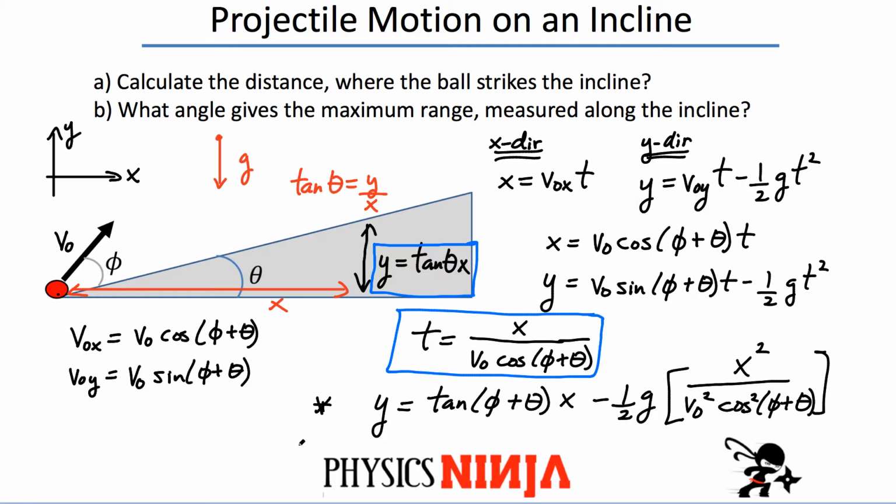And basically what we want to do now is solve this equation. However, we want to solve it for which value of y? Well, we want it to land on the ramp. So we actually want to solve this when the value of y right here is equal to the vertical position of the ramp. For any value of x, we know what the vertical position of the ramp is.